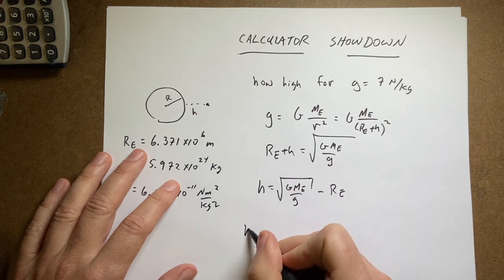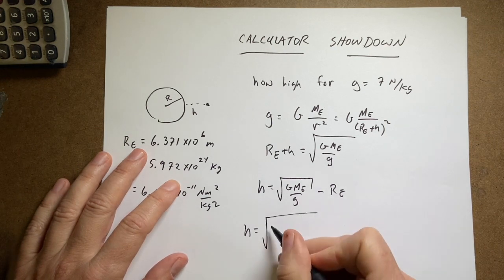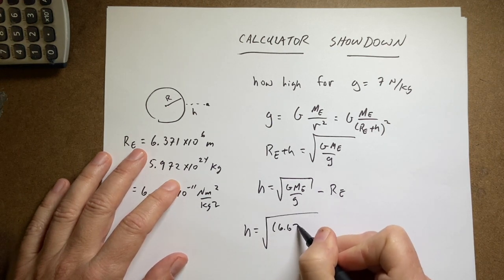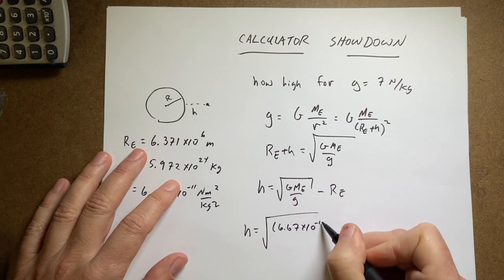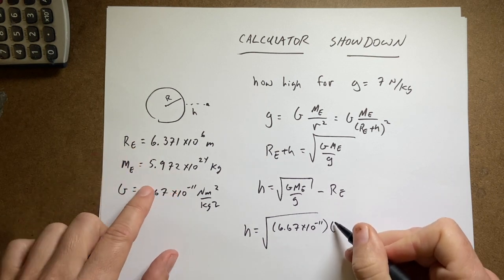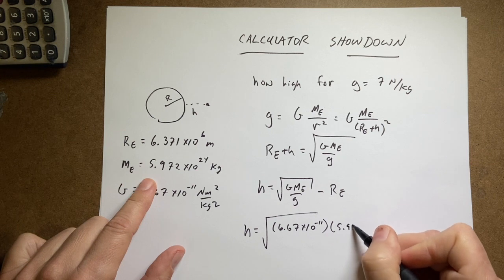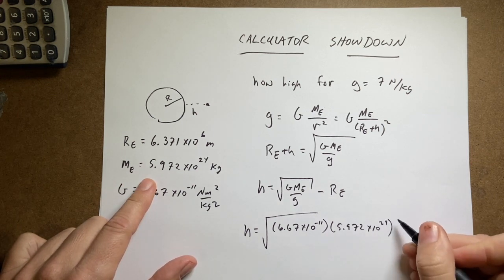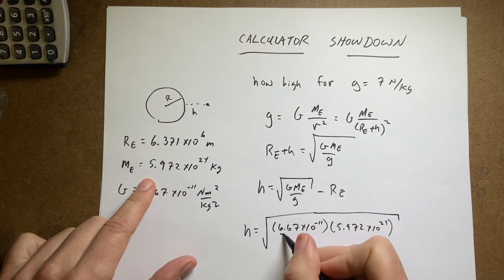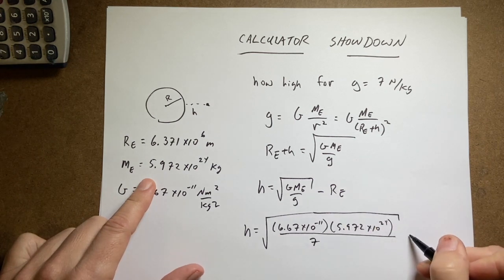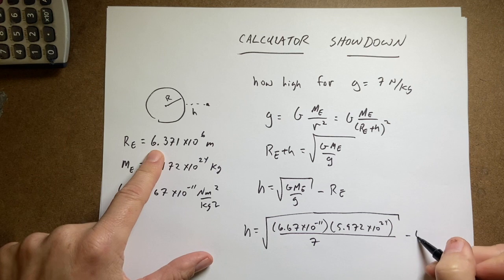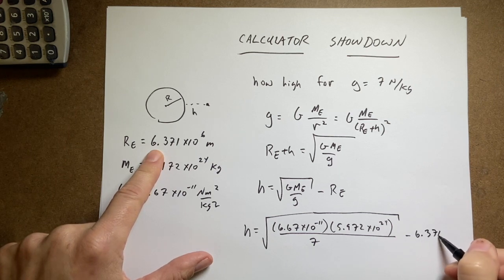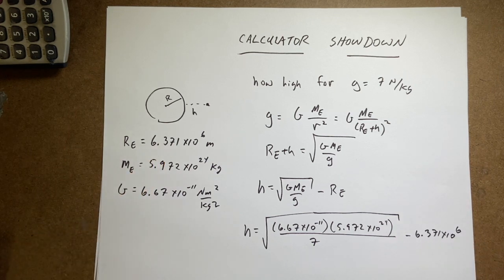And if I put in my numbers without the units, I get the square root of 6.67 times 10 to the negative 11th, I'll leave off the units, mass of the Earth, 5.972 times 10 to the 24th, and that's all divided by 7, and then minus 6.371 times 10 to the 6th. That's what I want to calculate.